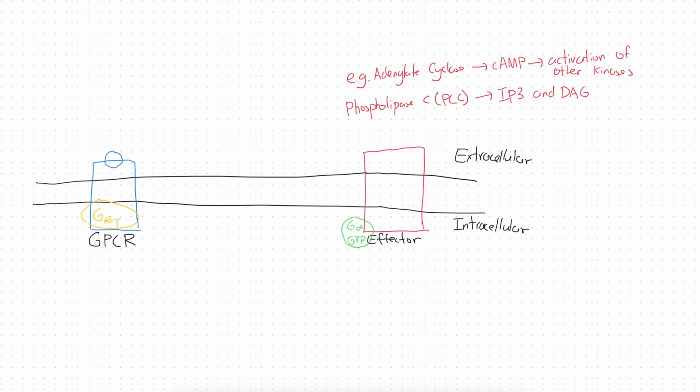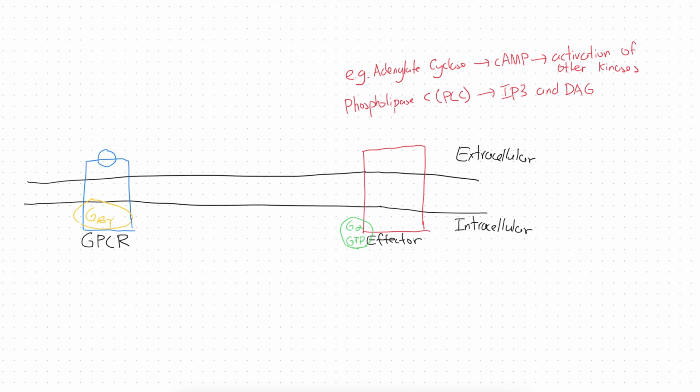Once the GTP is cleaved into GDP, the alpha subunit immediately turns off, lets go of the effector protein, slides back along the membrane, and reconnects with the beta gamma dimer. And this entire system moves back into step 1.